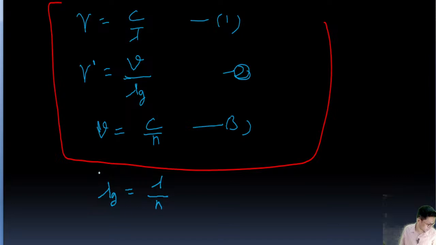This also you need to note down, equation 4. This is the wavelength of beam in air, and this is the wavelength of beam in the glass, or if it is any other medium, then I will write that medium.